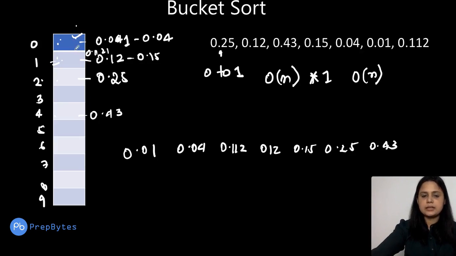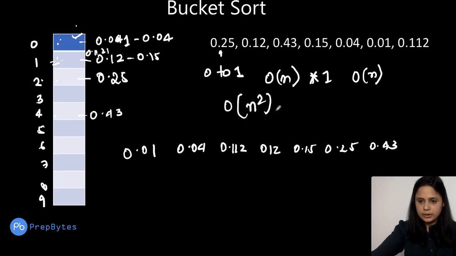As we saw, we are using insertion sort to put an element. So in the worst case, the time complexity will be O of n square, because the worst case is just like sorting an array using insertion sort.